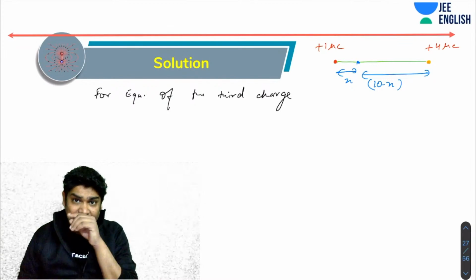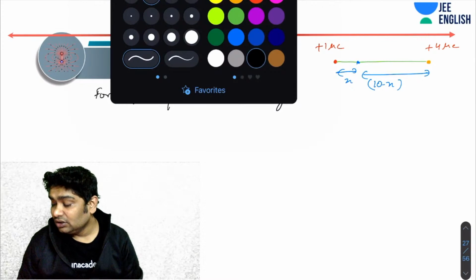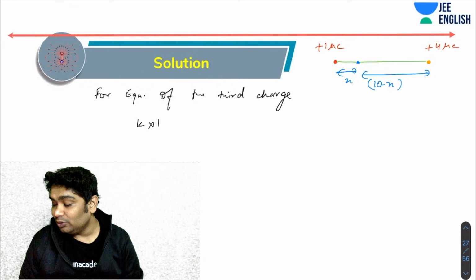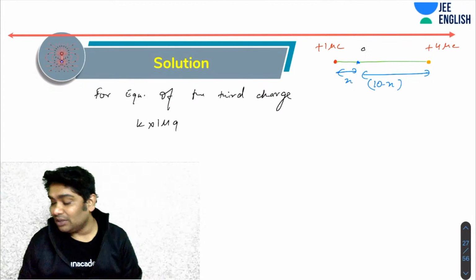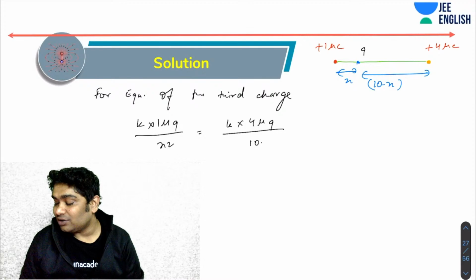it doesn't matter what kind of charge I've put, even if it is a positive charge or a negative charge, it doesn't really matter. What I realize is that k into 1 micro into q, let's assume some q charge has been kept, over x square should be equal to k into 4 micro q over 10 minus x whole square.